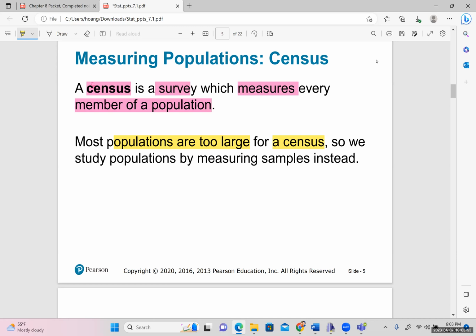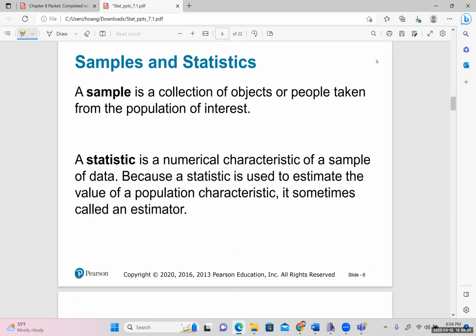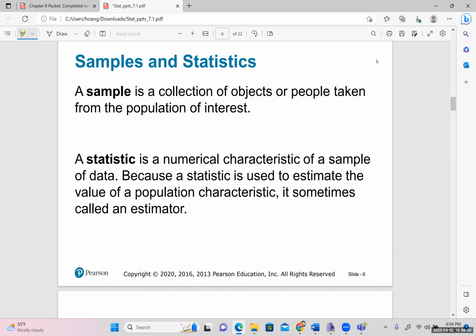Let's go to the next slide. We talk about samples, because most populations are large, unless your study is a small population, such as just the students in the Math 13 class. That's going to be a small population.